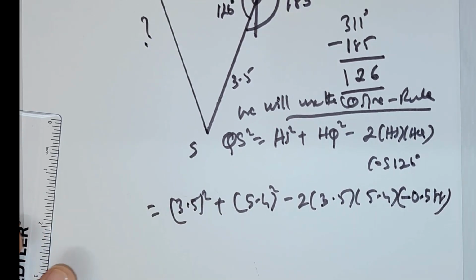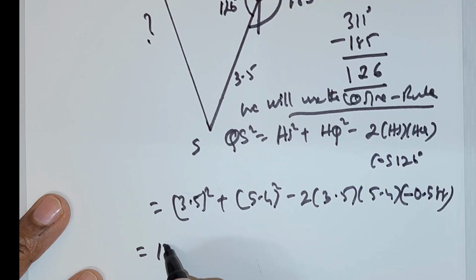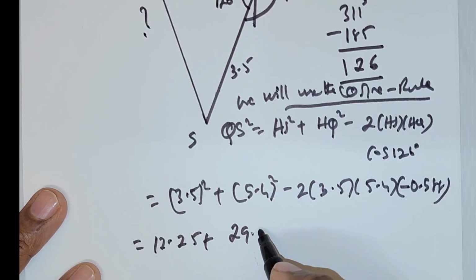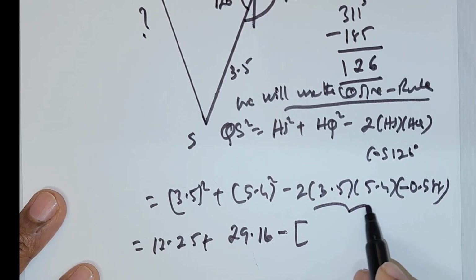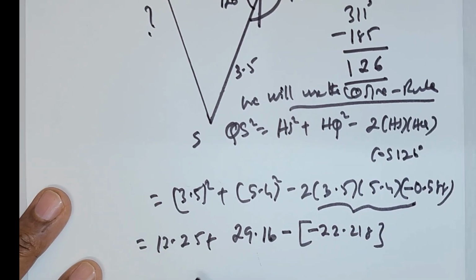So we will have to evaluate this. So 3.5 squared gives you 12.25 and 5.4 squared gives you 29.16, followed by multiplying this entire string. This is going to give you negative 22.218.